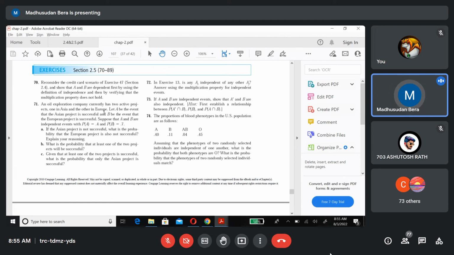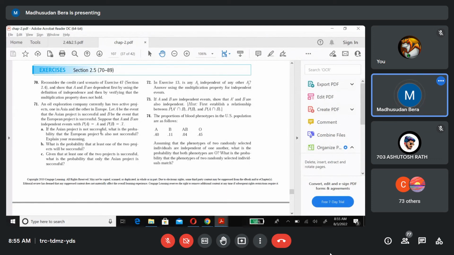Now we have to find some probabilities. If the Asian project is not successful, what is the probability that the European project is also not successful? Asian project successful is A, not successful is A dash.